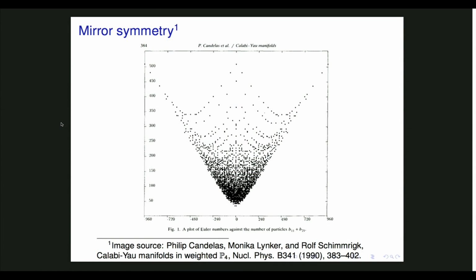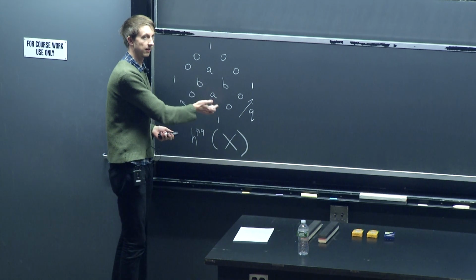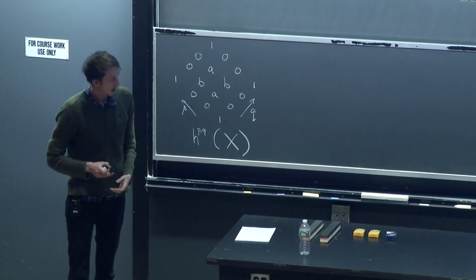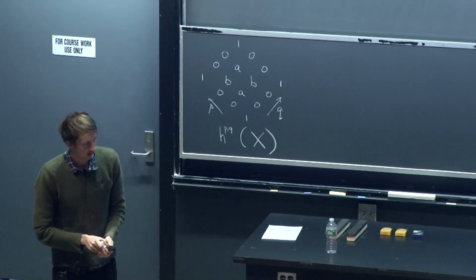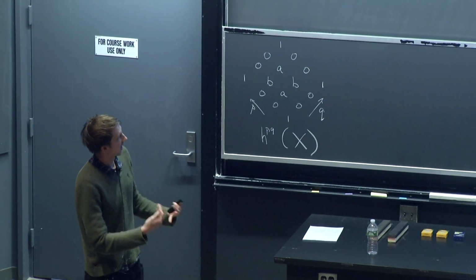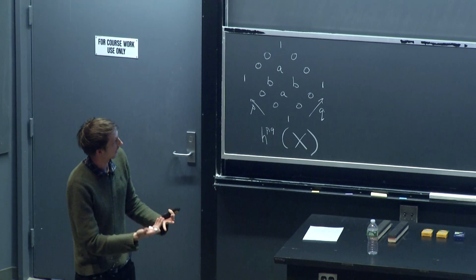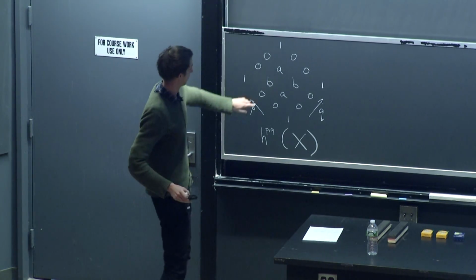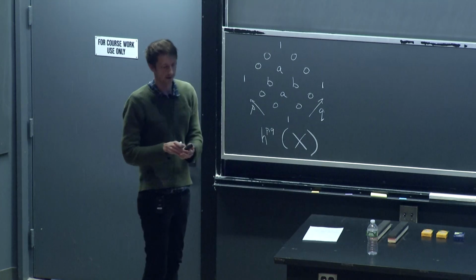And what they found was that there seemed to be this symmetry when they plotted those pairs of numbers A and B, this kind of reflection symmetry across the vertical line in this picture, which corresponds to interchanging A and B. And so this kind of suggested, maybe for each X, there's another variety X check, which we call the mirror, for which these A and B are the other way round.